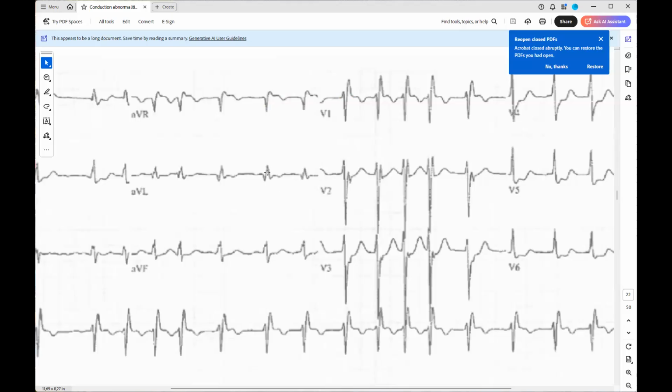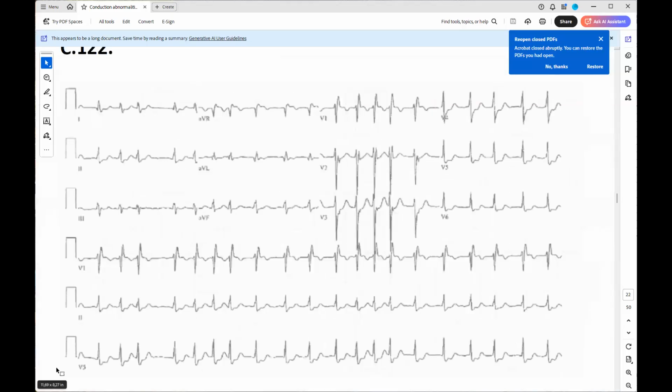What we have to do? First, we have to look at lead V1 or V5 or lead number 1. So we have to look at the right side and the left side. Left side can be V6 or V5 as well.